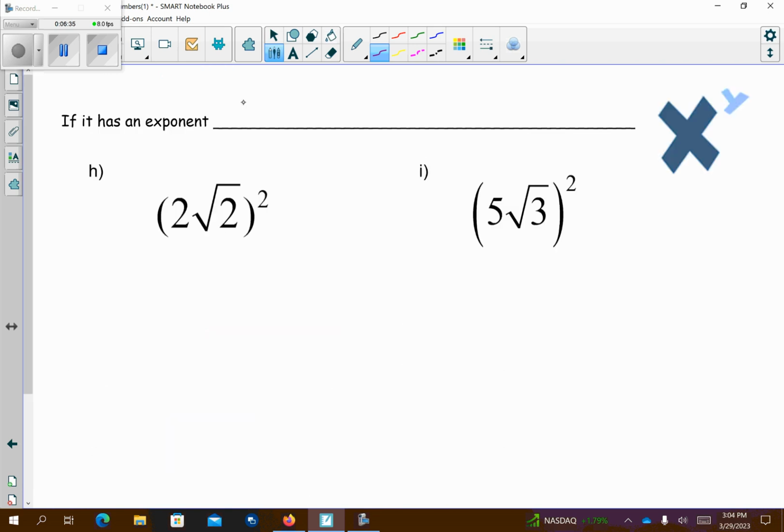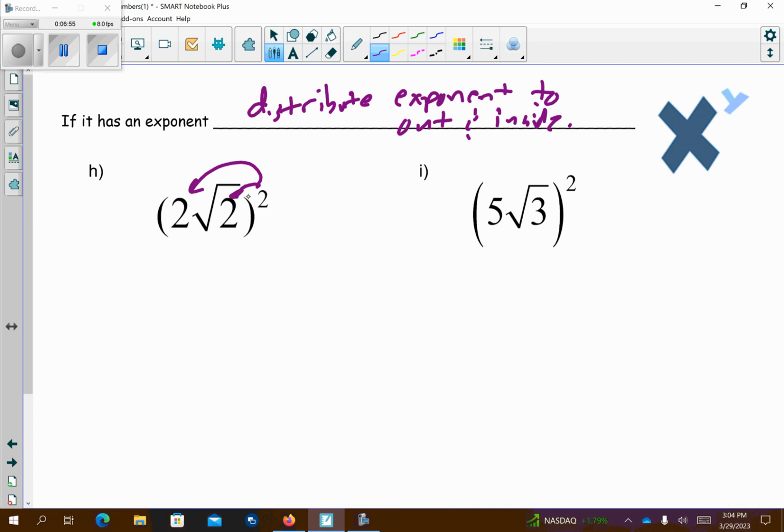Okay, if it has an exponent, we already did one like this, but let's just do it. Distribute the exponent to outside and inside. Okay, so as I said, it's going to come here and it's going to come here. So that's going to give me 2 squared and then root 2 squared. Okay, so 2 squared is 4, and then inside is going to give me root 4.